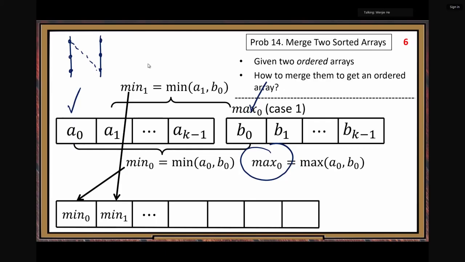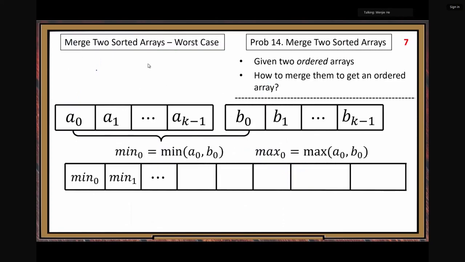The best case is one comparison. But we want to do the worst case. In the worst case, you cannot use 3 comparisons to do it this way. In this way, you can see every time we put one element in place. We want to see the last step, the last comparison.